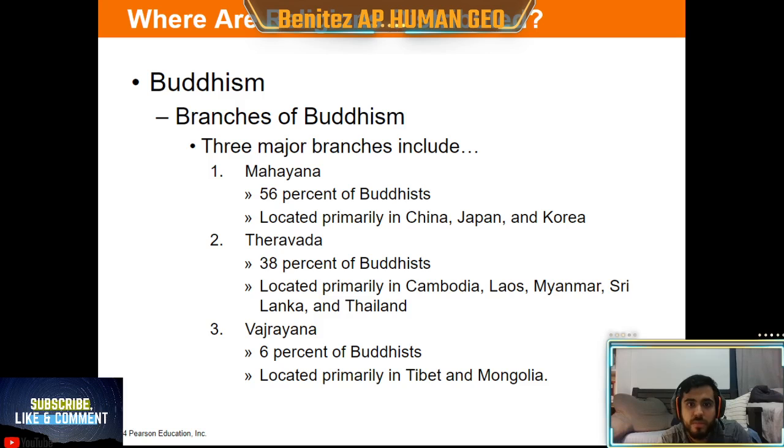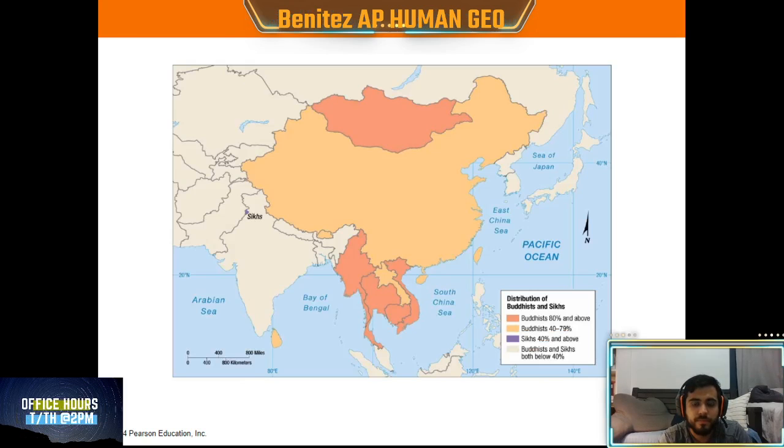Finally, we have Buddhism, and it's split into three branches. The interesting thing about Buddhism is that it was started by Siddhartha Gautama. He was a Buddhist monk who lived in India, and he spread his religion to China and all the Asian countries to the east of India.